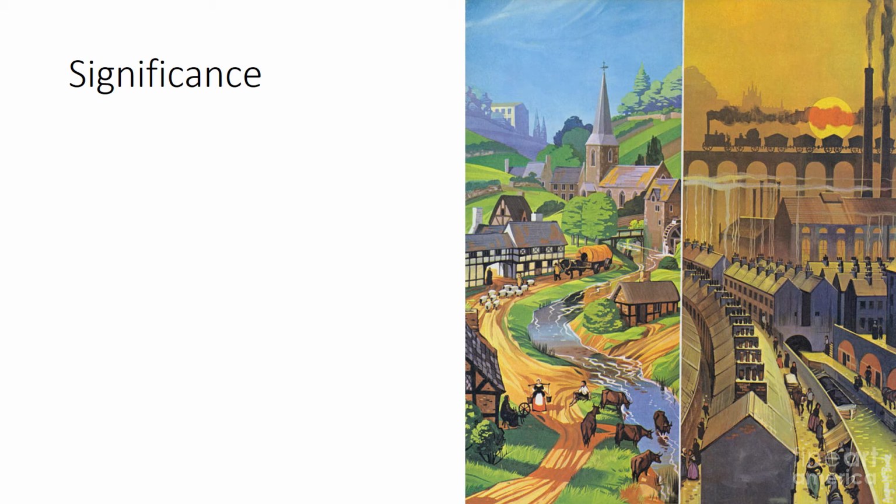And then we come to the concept of significance, which relates to the importance that we assign to a particular aspect of the past. Why are we going to study the Industrial Revolution? We need to ask that question of ourselves.